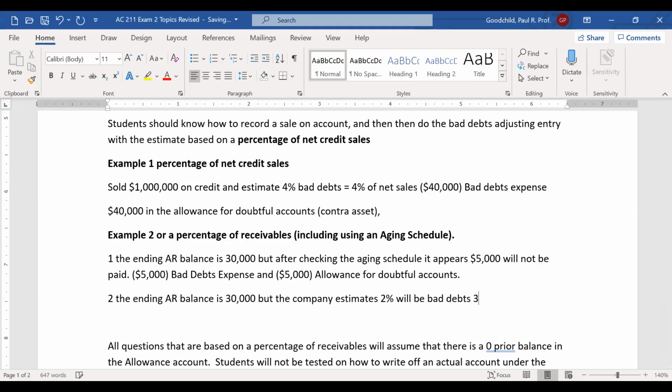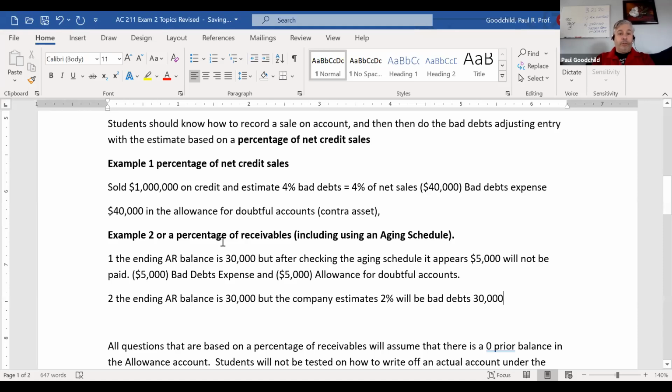Isn't the second example under example 2 the same thing as kind of doing the percentage of net credit sales? So here, we go all the way across the board. And Chris asked a pretty good question, and I think you even followed up on it in class, is that I make this initial example 1 at the time of sale.